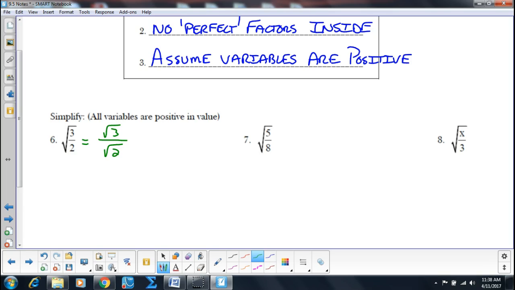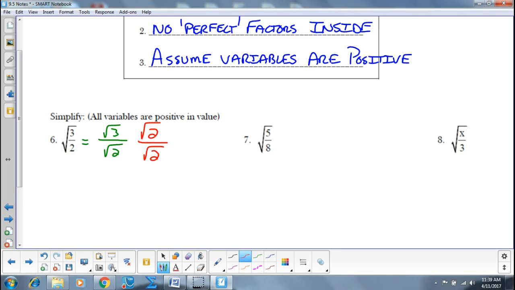So if I multiply the basement by the square root of 2 to get rid of the radical down there, I'm going to have to multiply the top by the same thing. So my fraction is the square root of 2 over the square root of 2, which is 1. Okay? So on top, what do we get? Square root of 6. On the bottom, what do we get? Square root of 4. Which is 2.